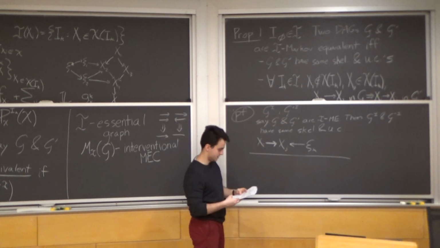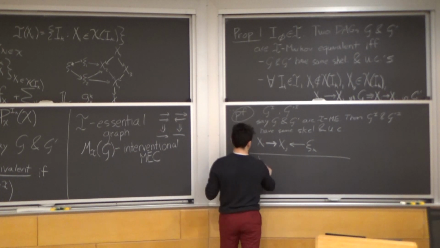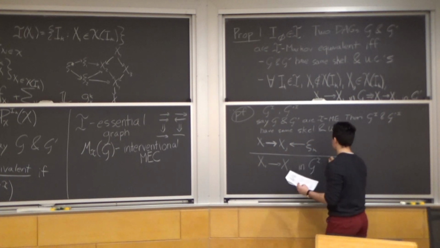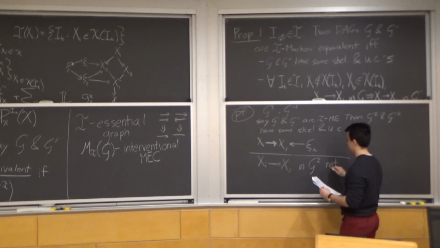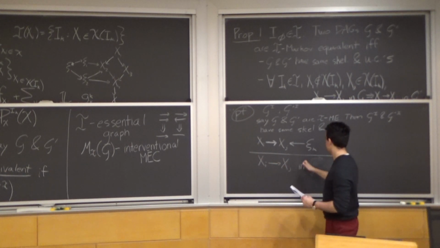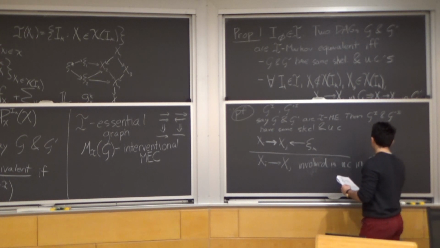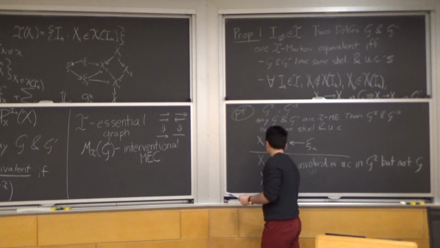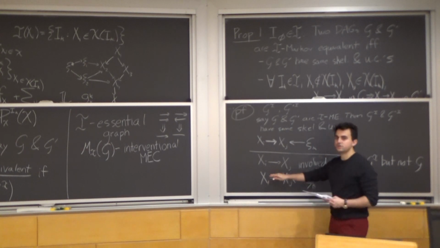And then for the other unshielded colliders, if we have some Xi to Xj in G_I that's involved in an unshielded collider in G_I, but not in G by itself, then that means there must be some intervention such that we added this intervention variable and formed a new unshielded collider.